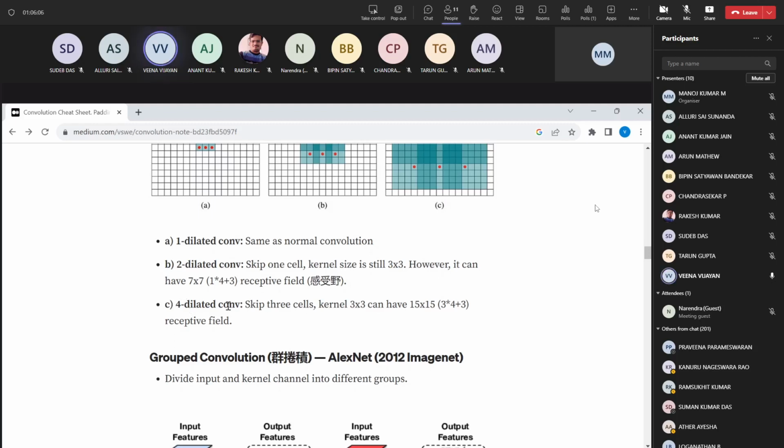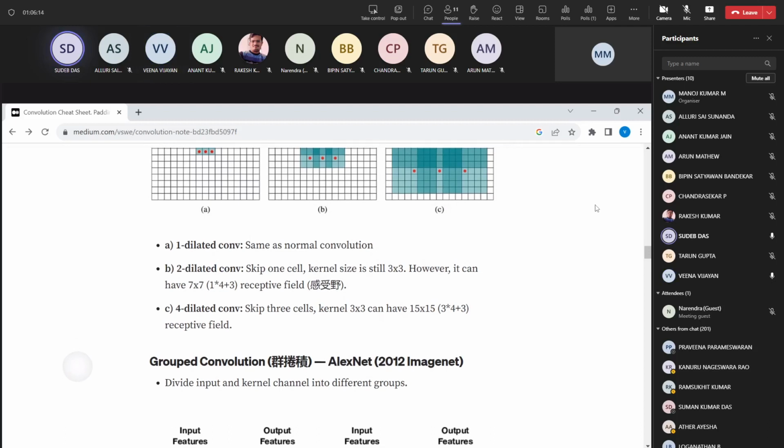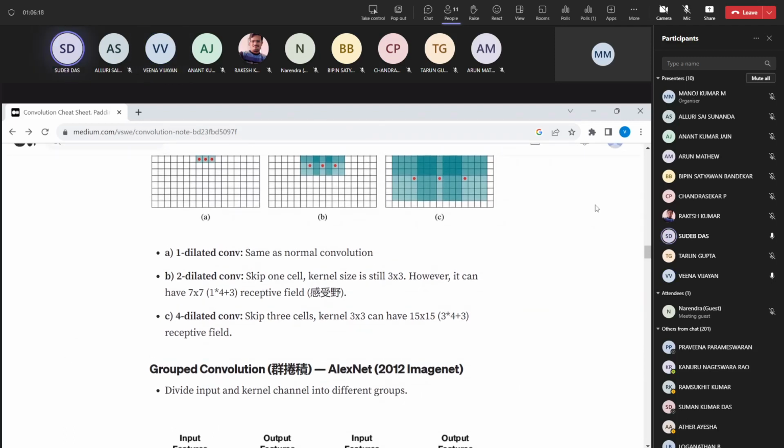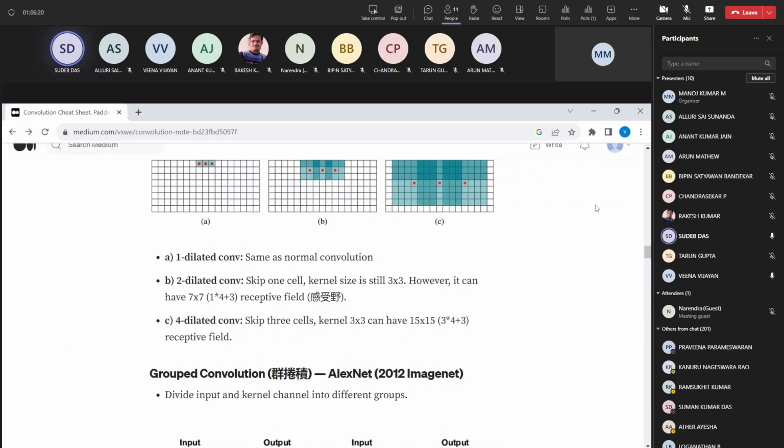And if it is a 4 dilated convolution, they are taking this formula, 3 into 4 plus 1, for the receptive fields. It can have 7 by 7, 1 into 4 plus 3.